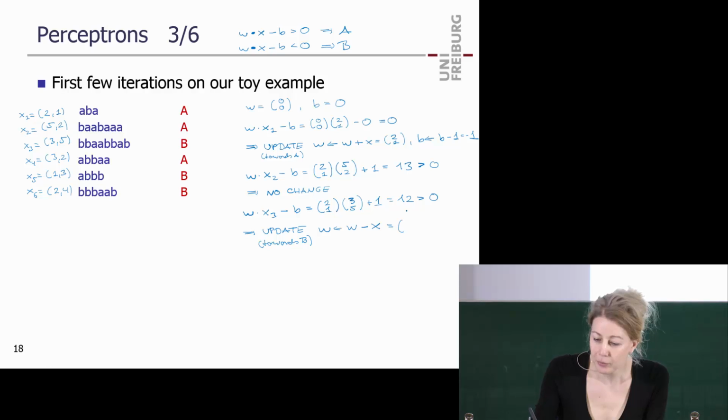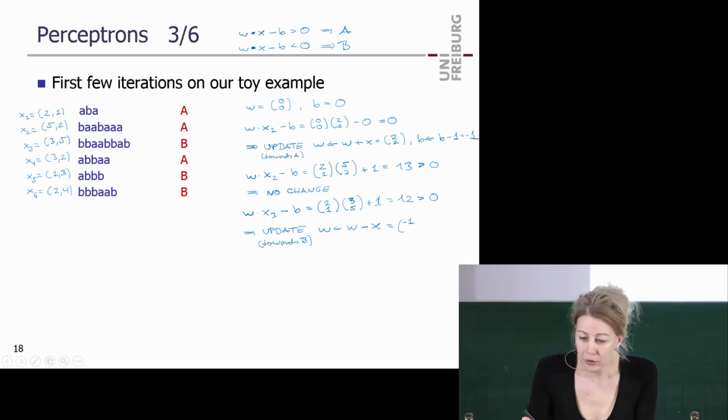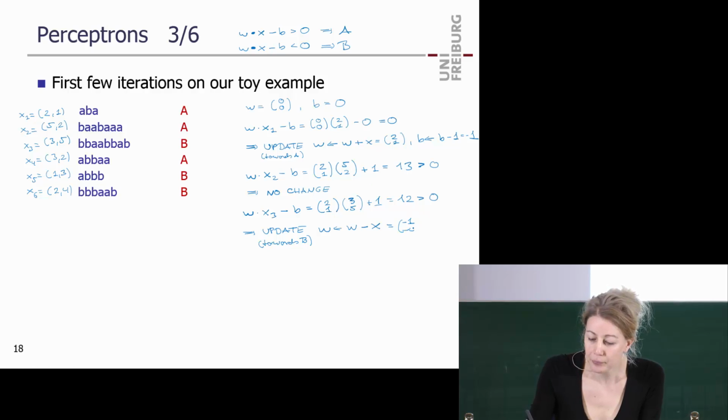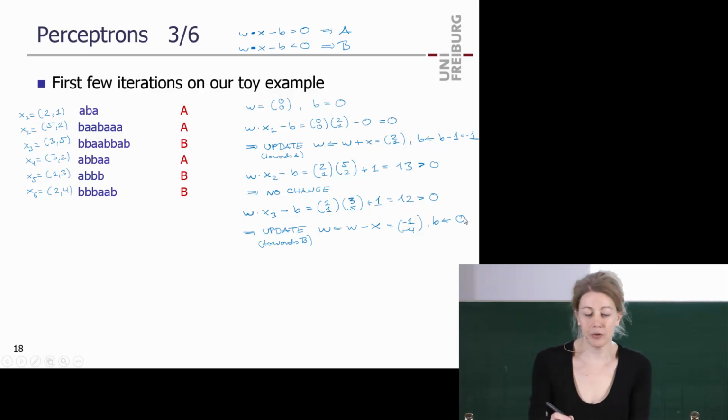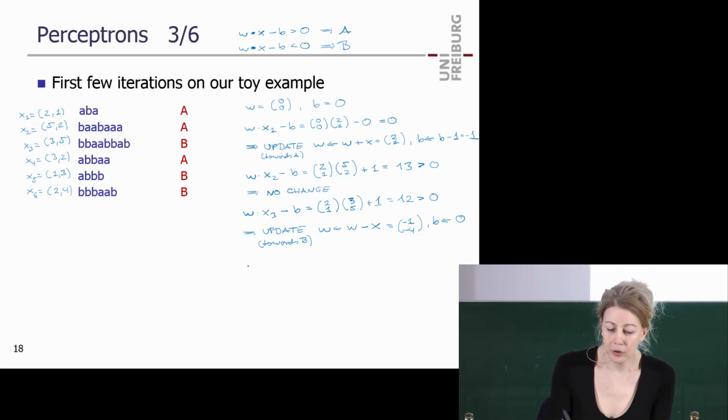So it's minus 1, minus 4. And for b, I just add 1. So this is now 0 again. And so on.